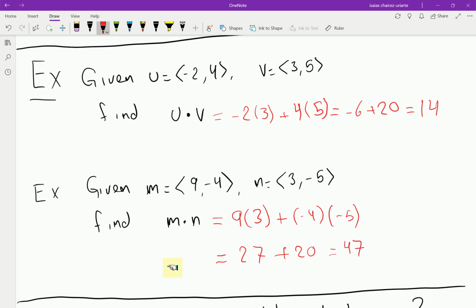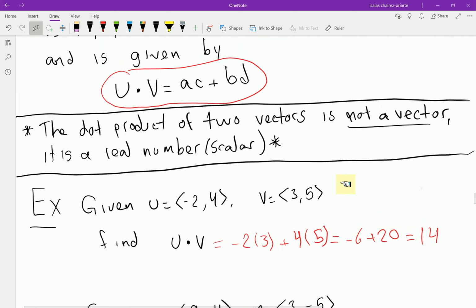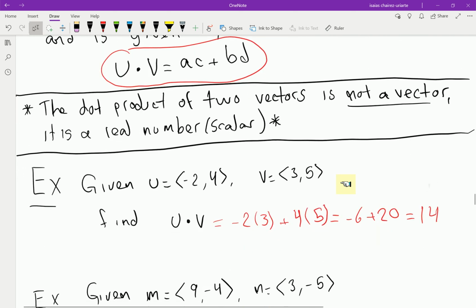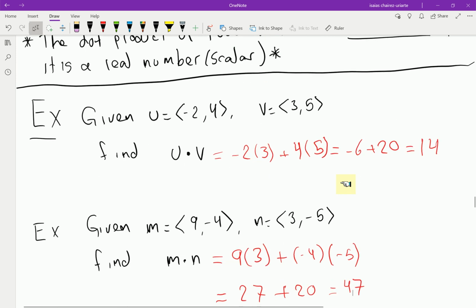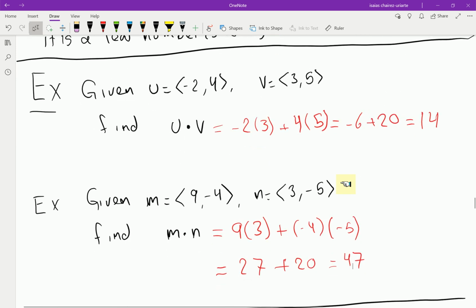What does it mean for the dot product to be 47? We'll answer this question, what the dot product means, in a second. Hopefully right now you are comfortable computing the dot product between two vectors. Keep in mind that the dot product is not a vector anymore. It's just a number. It's telling you something about the two vectors that you started with.